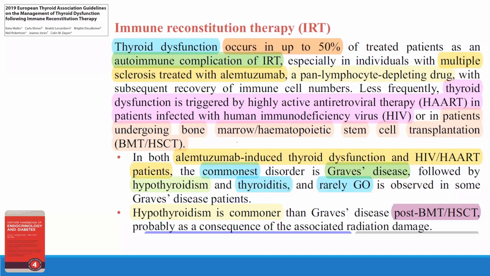So in both alemtuzumab induced thyroid dysfunction and HIV patients, the commonest disorder is Graves' disease, followed by hypothyroidism, then thyroiditis, then Graves' orbitopathy, which is very rare. Hypothyroidism is commoner than Graves' disease in bone marrow hematopoietic stem cell transplantation.